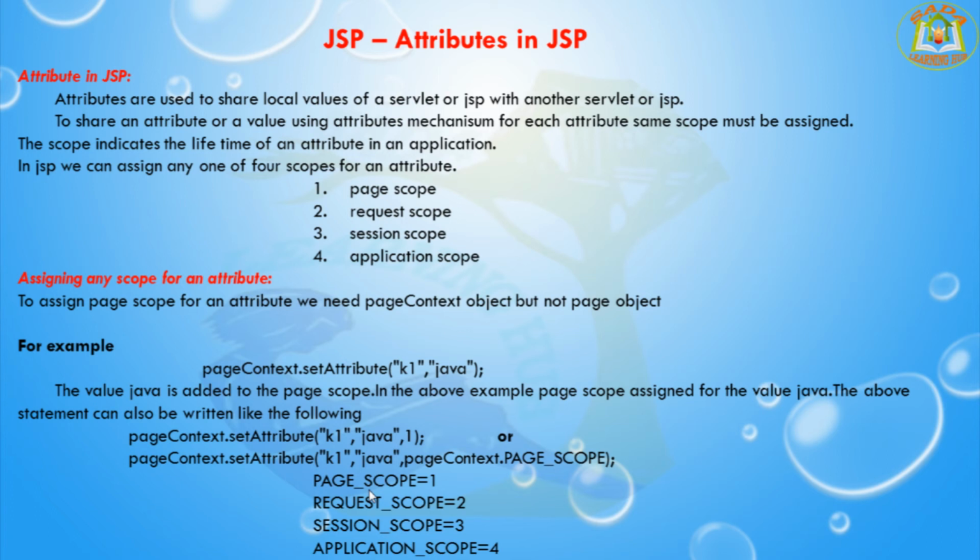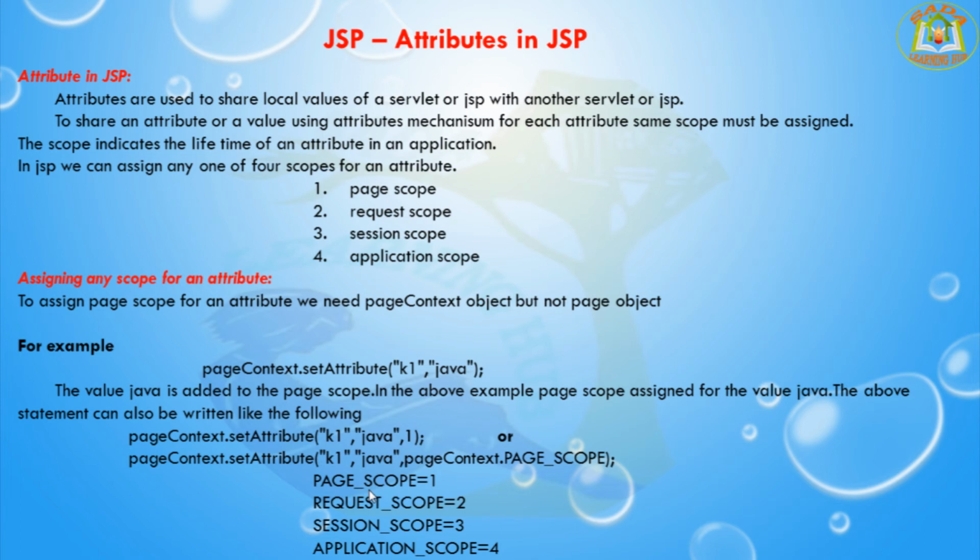In the request scope, for example, we start one request, and we may be using multiple JSP pages in that request scope. You can share the attributes across those multiple JSP pages. In the application scope, we can use it in all the JSP pages.